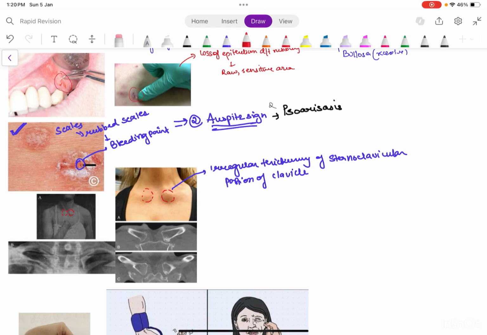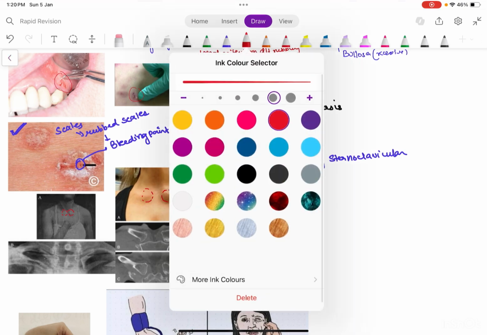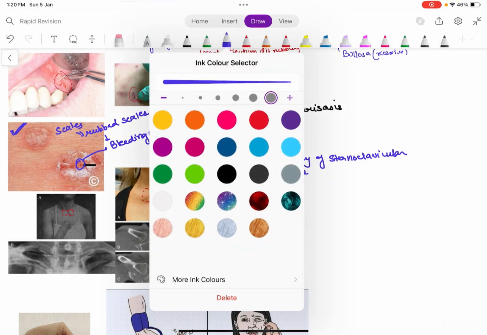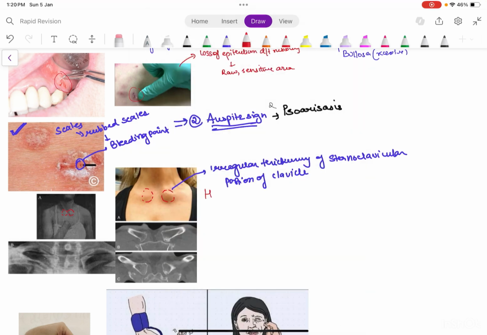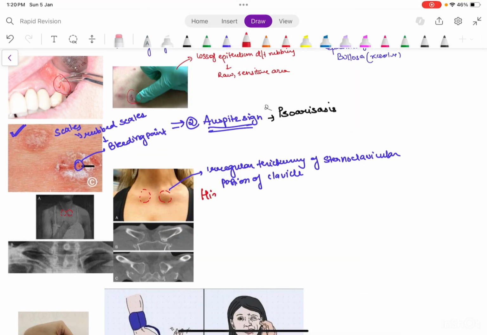So this is what sign? This is the Higoumenakis sign, and it is seen in congenital syphilis. Over here also you can see there is thickening of the sternal head.